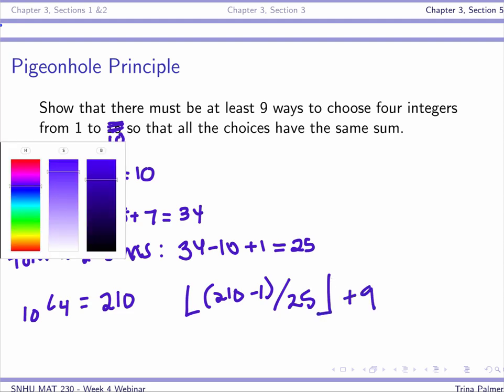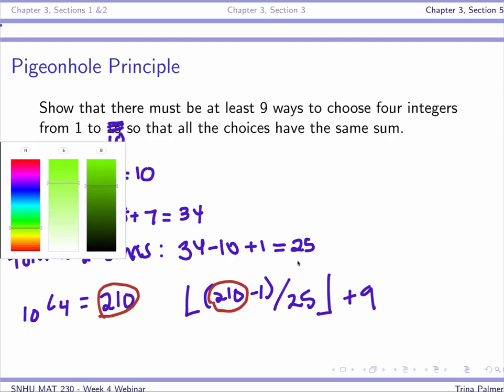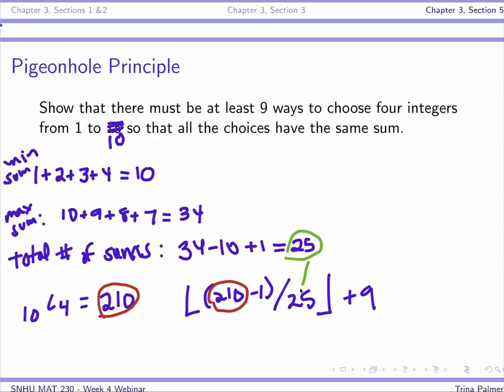So I just want to highlight where these numbers come from. So this 210 is that 210, and the 25 is that 25. Oh, and I don't know why I put plus 9. Plus 1, no, is equal to 9.